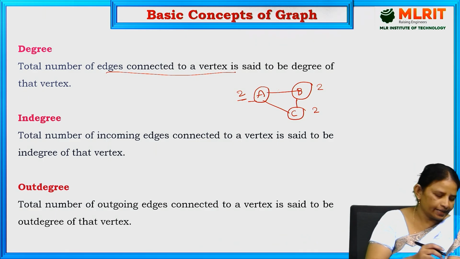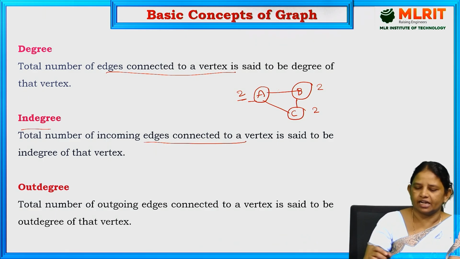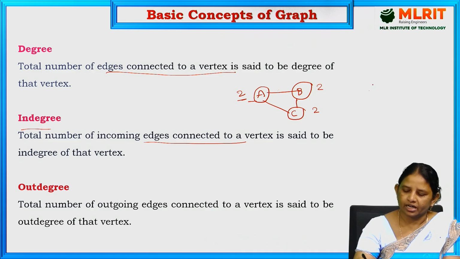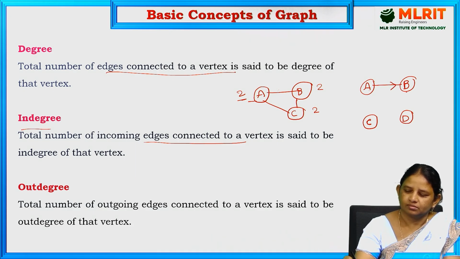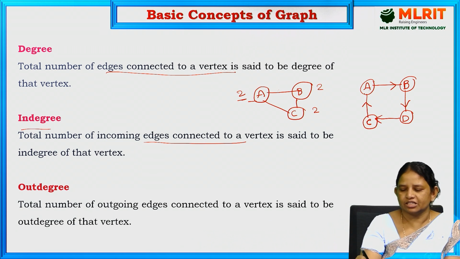Next, in degree. It is the total number of incoming edges connected to a vertex. So, consider the directed graph. What are the incoming edges for A?